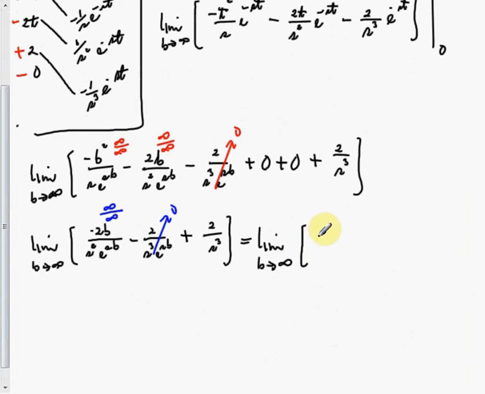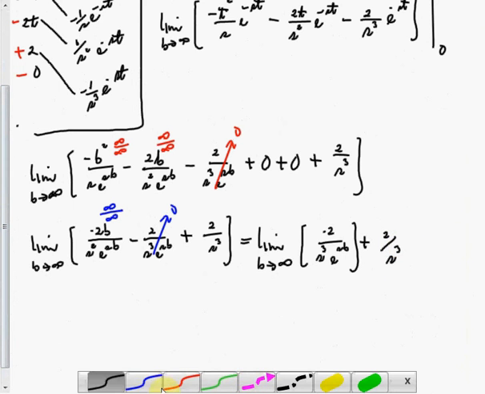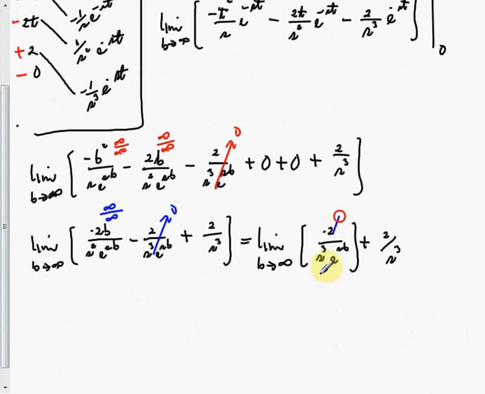So here, I get negative 2 all over s to the 3rd, taking the derivative of the top and the derivative of the bottom. Get that out of there because we're finished with the limit on that one. And so now you get a fixed number divided by infinity, so this goes to 0. And our answer is 2 over s to the 3rd.